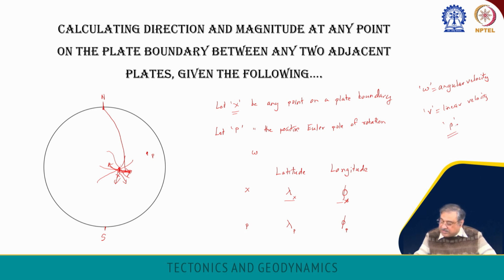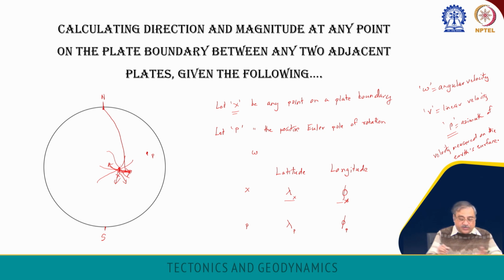So beta is the azimuth of velocity measured on the Earth's surface. So this is what is given to us.